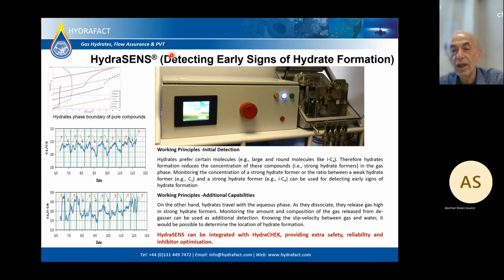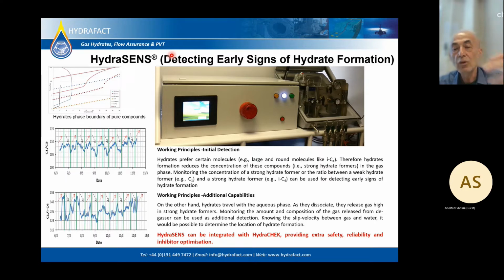We can say that hydrate is forming 10 kilometers away because the slip velocity was 10 meters per second. And we saw sign of hydrate formation after 1000 seconds. So the hydrate is forming 10 kilometers away.